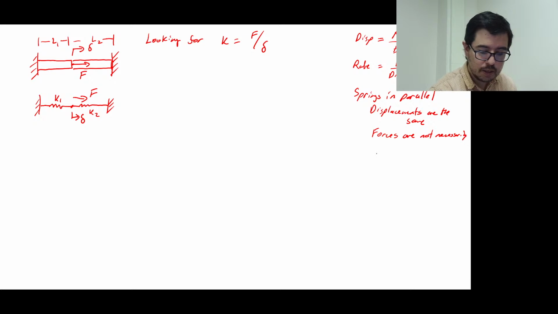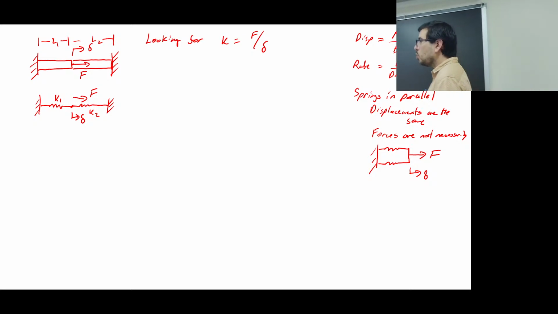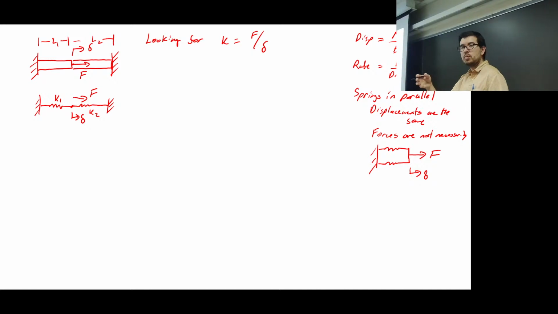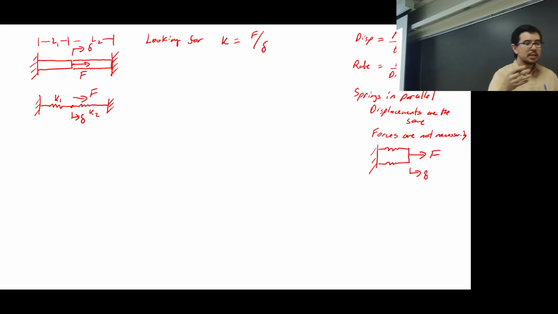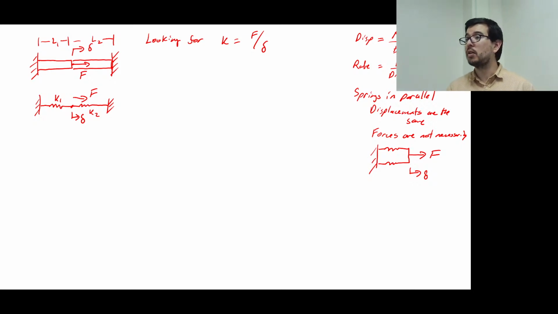And this is the configuration that we're familiar with. Does that look right to you? So the force could be distributed differently between those two springs, but the displacement of those two springs is going to be the same. Springs in series, all right, we have the same force in each of them, but their displacements are different.